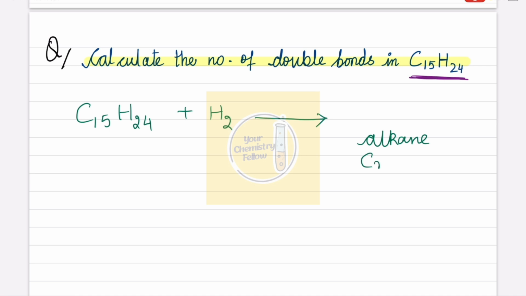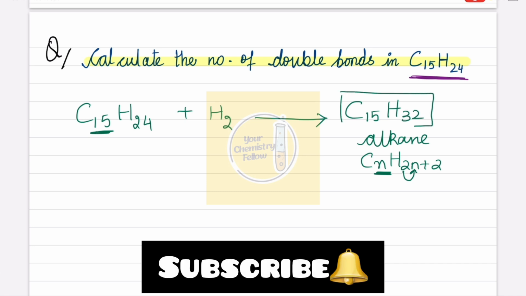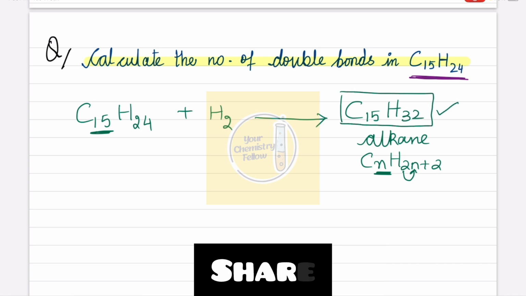The general formula for alkane is CnH2n+2. So, what will be the value of n here? As 15 carbon atoms are present in the alkene, there must be 15 carbon atoms in the alkane which is formed. So, I will derive its molecular formula, C15, and hydrogen atoms will be 2 into 15, 30, 30 plus 2 is 32. So, this means that the alkane with 15 carbon atoms has the molecular formula of C15H32.